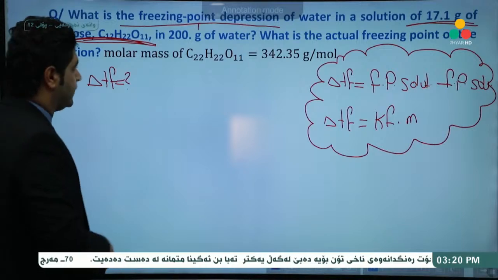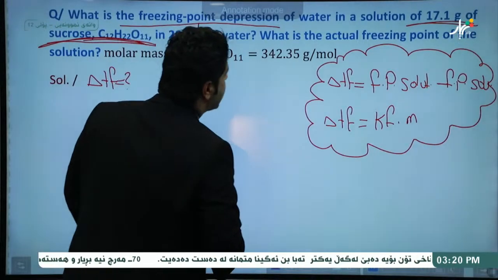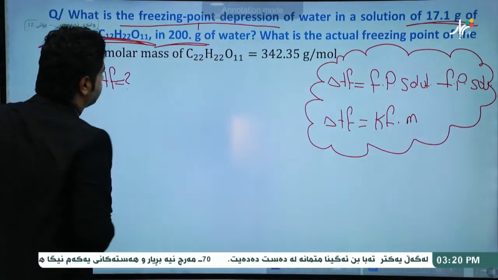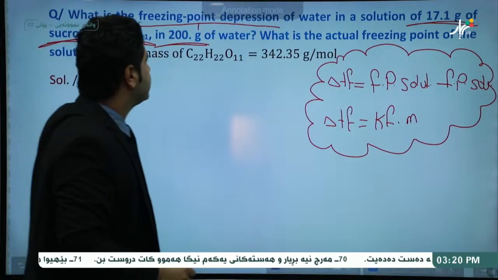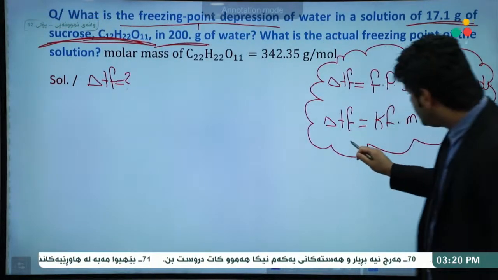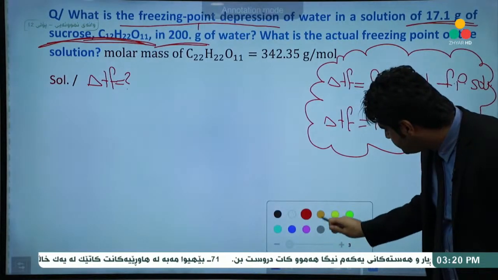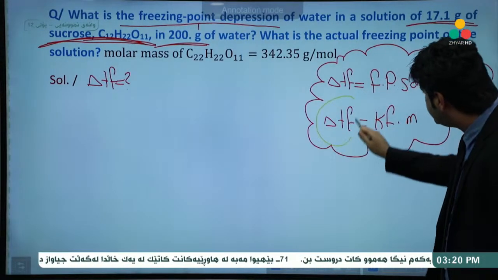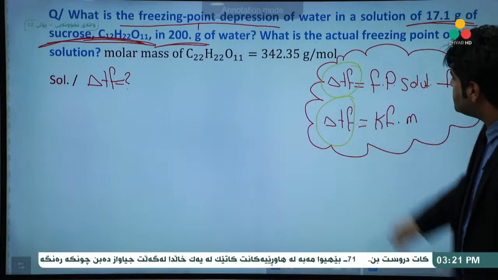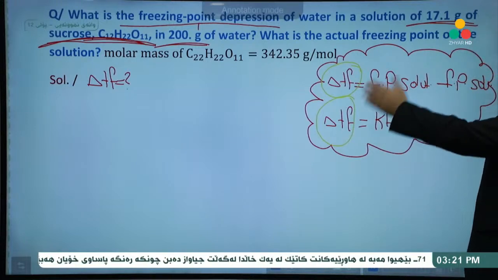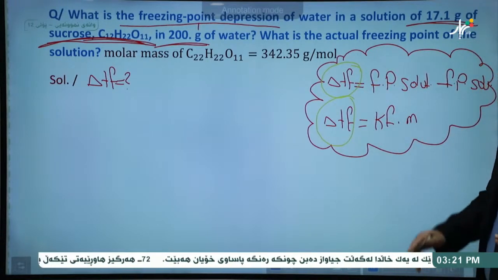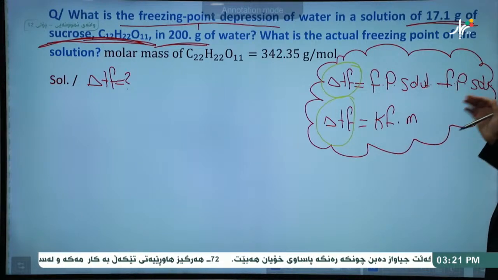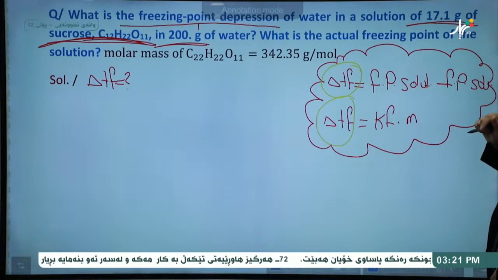Now we have the mass of solute and the mass of solvent. The question asks us to calculate the freezing point depression, so we use one of these equations, depending on the given information.